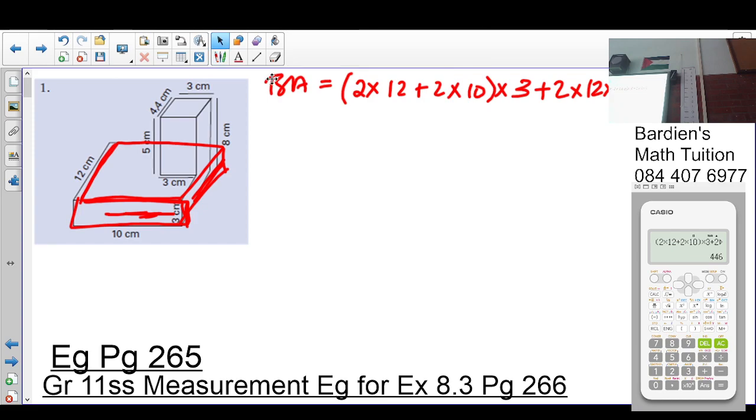Now remember that this calculation basically includes this part of the shape. So is that shape exposed to the total surface area, or does that make up part of the total surface area? The answer is no, because the one shape is on top of the other.